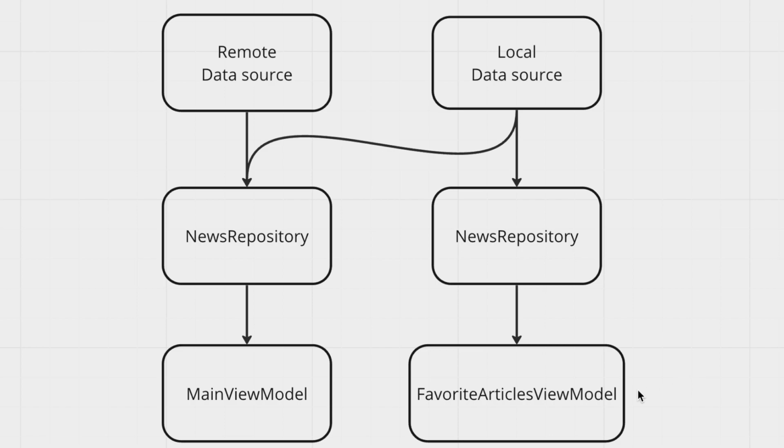But on the other hand, in our screen where we have our favorite articles, I want to have a favorite articles view model that has a news repository which only has a local data source, because all it does is retrieve articles from the database and we don't need a remote data source in our news repository here.